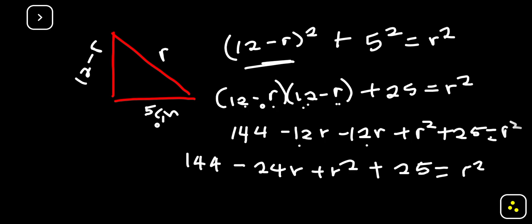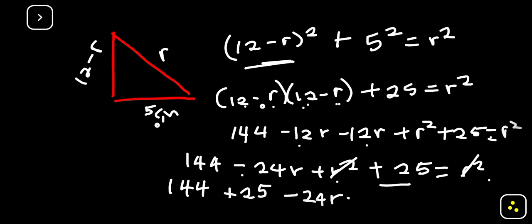So now we can collect like terms. If we bring r square to this side, it becomes r square minus r square, meaning that r square will cancel out to give us 0. So we'll be left with 144 plus 25, I just want to bring it closer because they're like terms, and then we have minus 24r, and this is equal to 0.